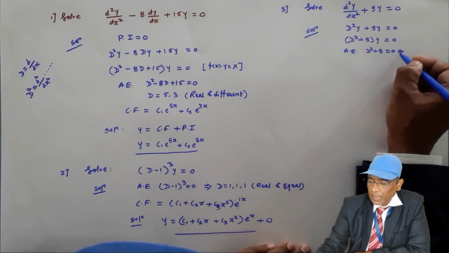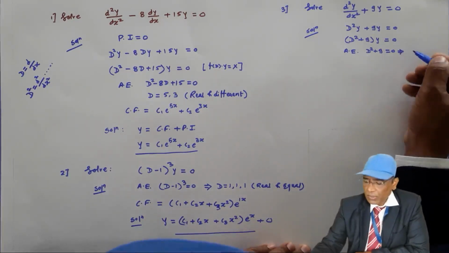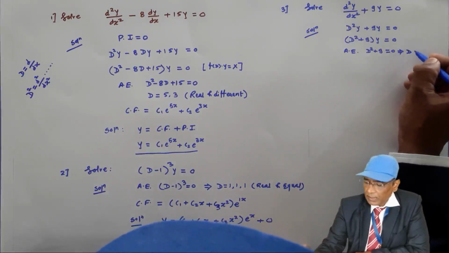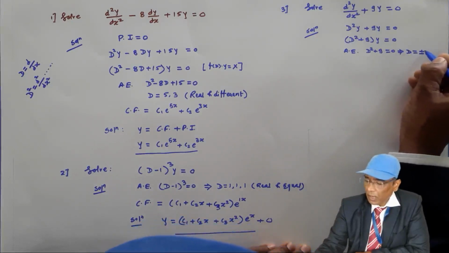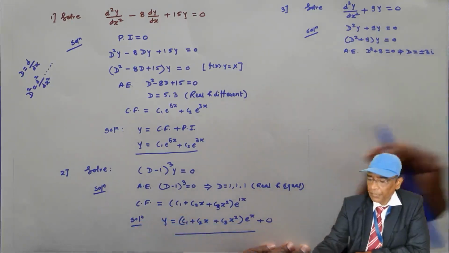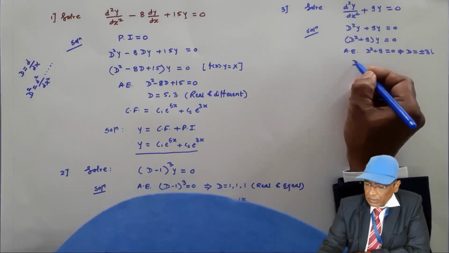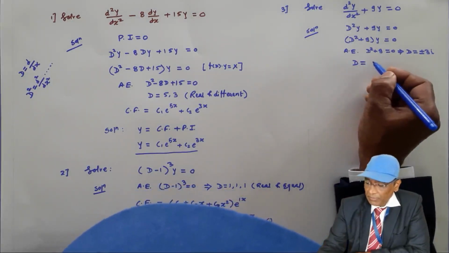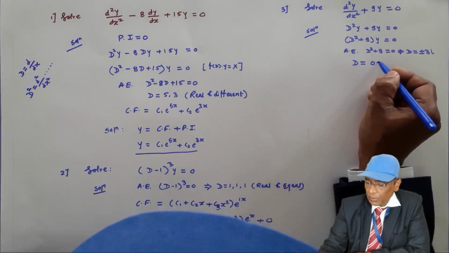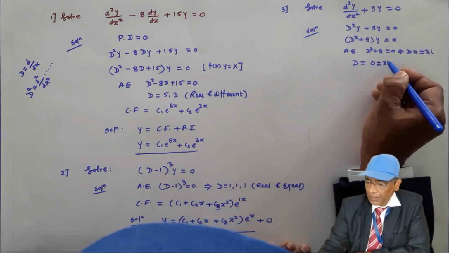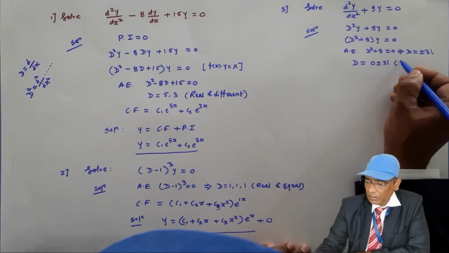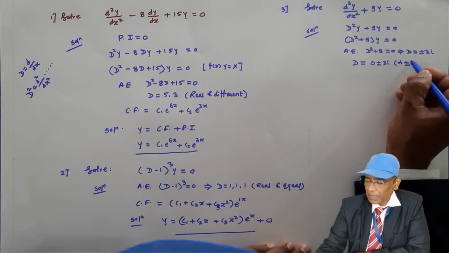You can use a calculator or you can get the value of D like this: D equal to plus minus 3i. These values are imaginary and different, of the type 0 plus minus 3i. I have written this in the form alpha plus minus i beta.